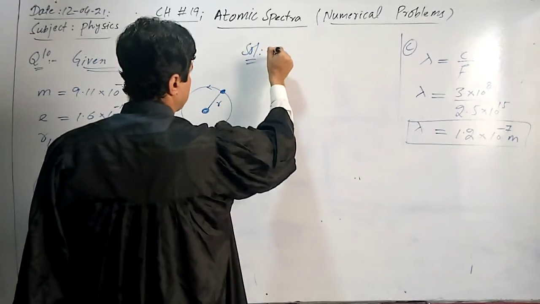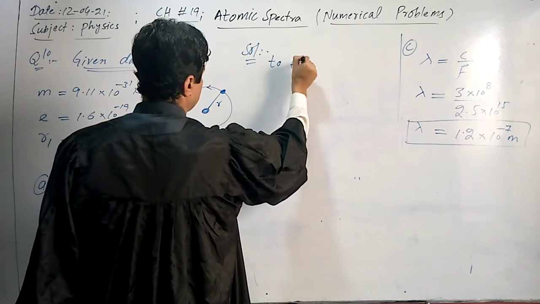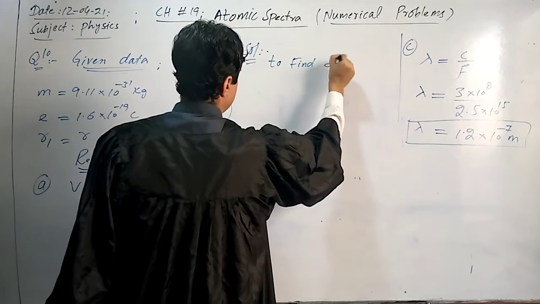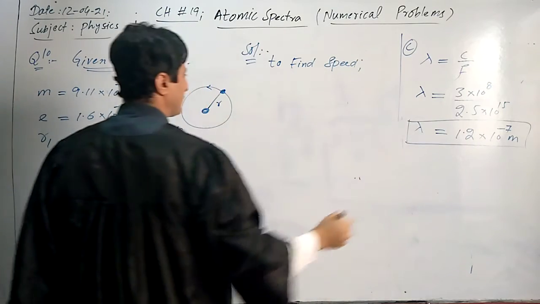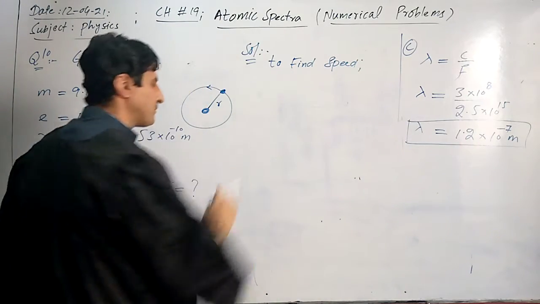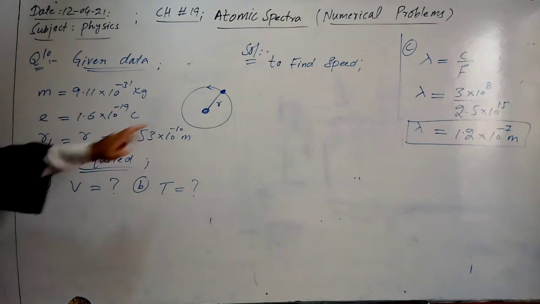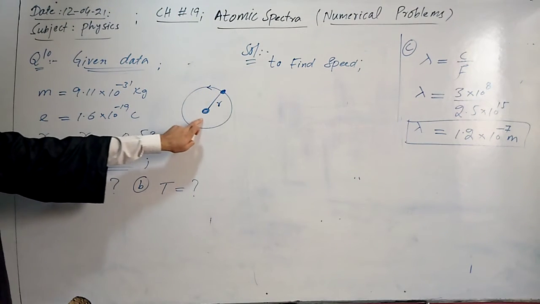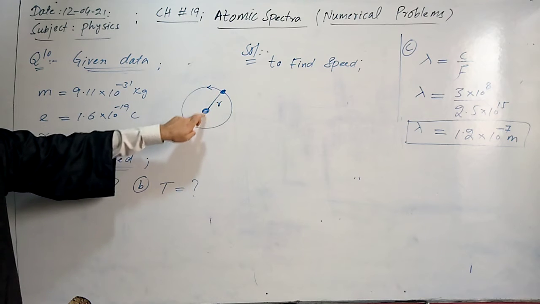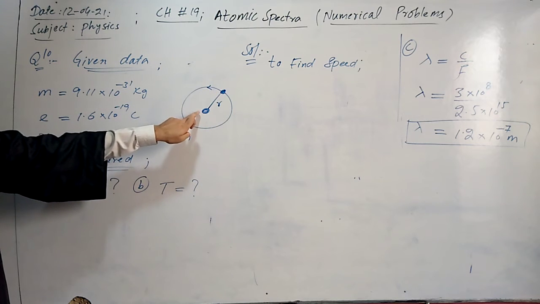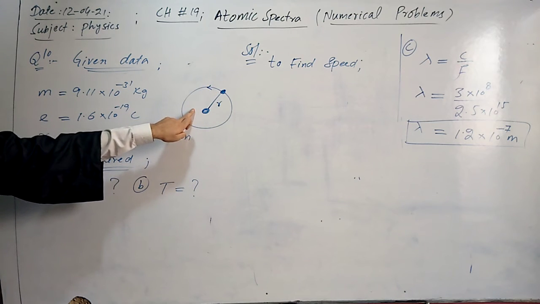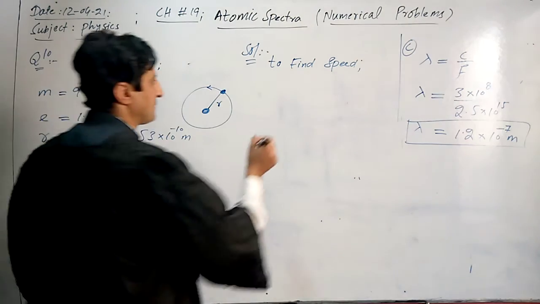To find the speed, we have to relate the electrostatic force with the centripetal force. When this electron is moving in this orbit, there is a force between the electron and the proton inside the nucleus, which is given by Coulomb's law. So it's equal to Ke square divided by r.